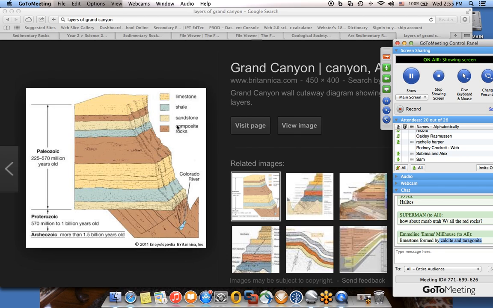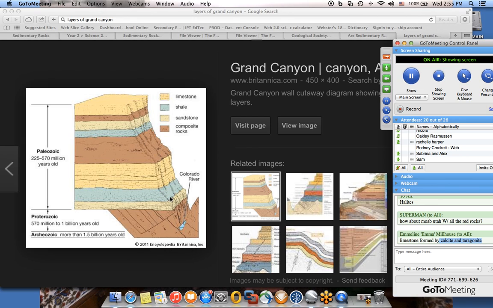Then we have composite rocks, okay, like conglomerates and breccias. Then we have here another layer of sandstone, okay, and then shale, more composite rocks. This one is another layer, it seems, of sandstone or limestone, depending on the color, all right, very, very thick.